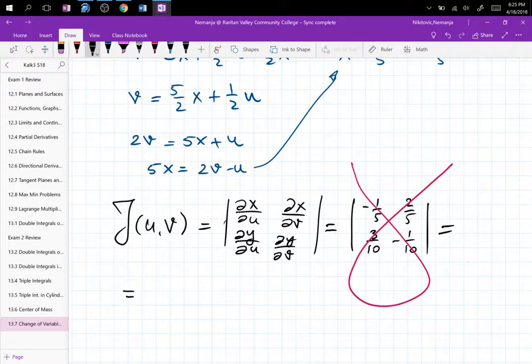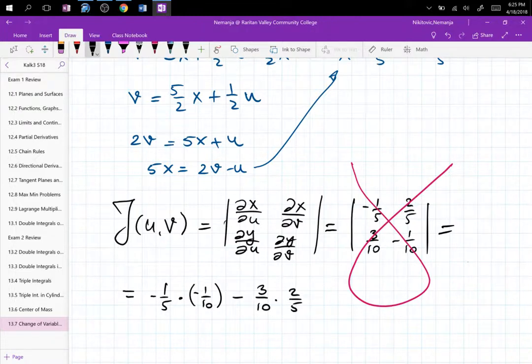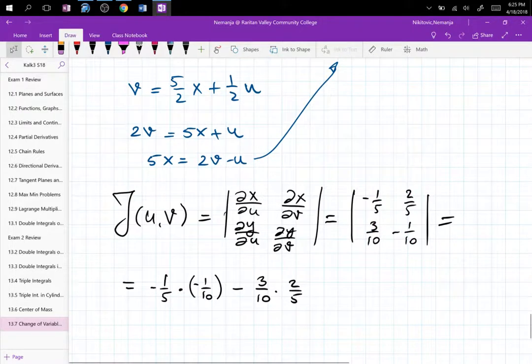So what I have is negative 1/5 times negative 1/10 minus 3/10 times 2/5. And I understand that I can cancel 2 and 10, but I'm not going to do that because when I multiply this, I already have a common denominator, and I don't have to suffer with that, at least.